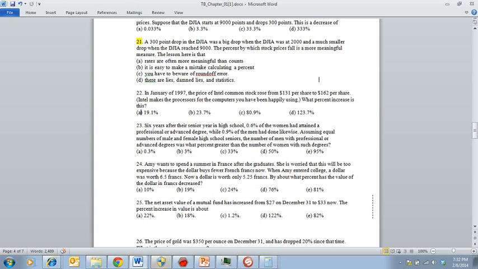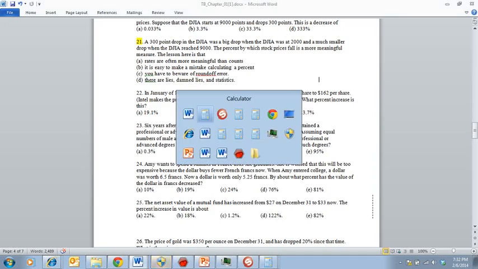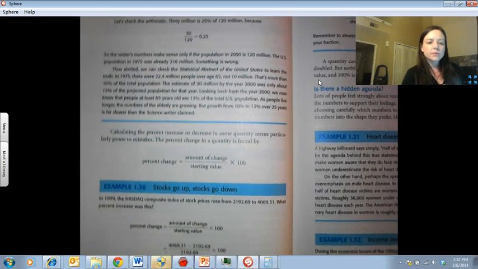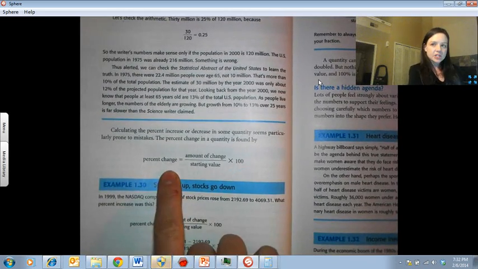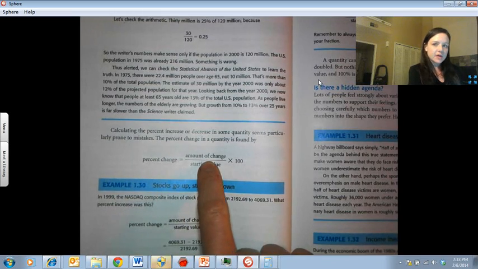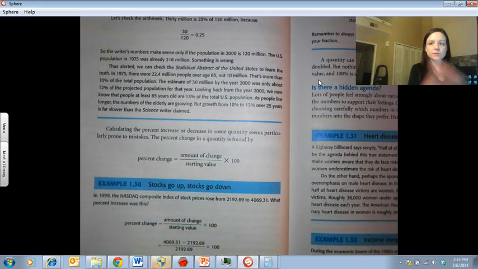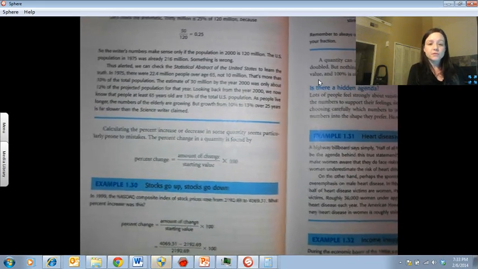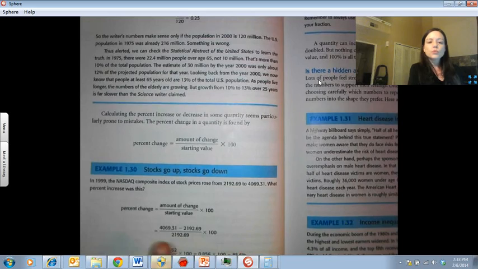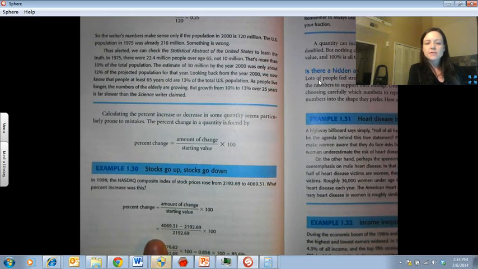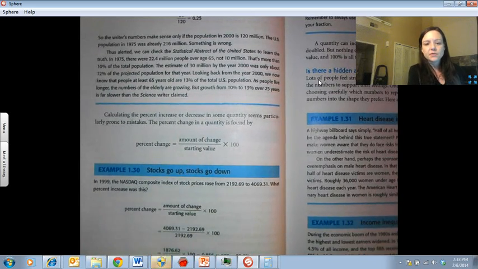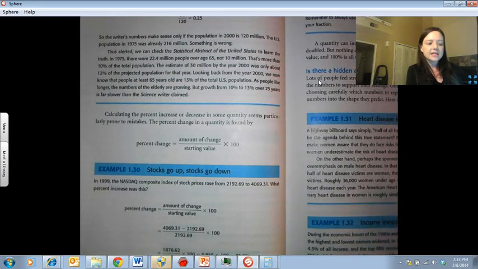Right here, it is on page 52, down in the middle of page 52. Let me show you. Right here. So the percent change is equal to the amount of change divided by the starting value times 100, which is kind of what I've been doing before, but there it is written out. Read through example 130 if I'm going too fast for you on this video, or if you get tired of my voice. I think it'll help you understand.